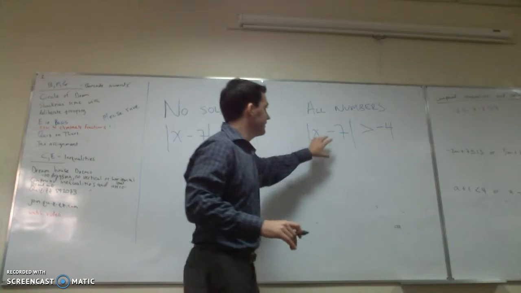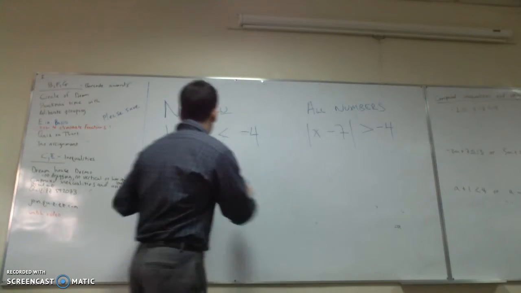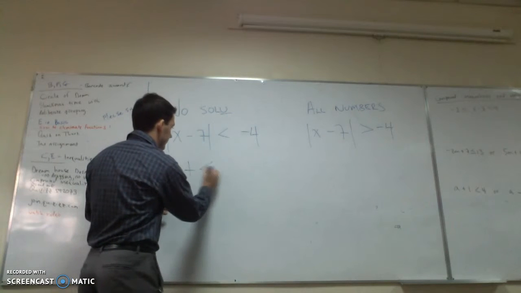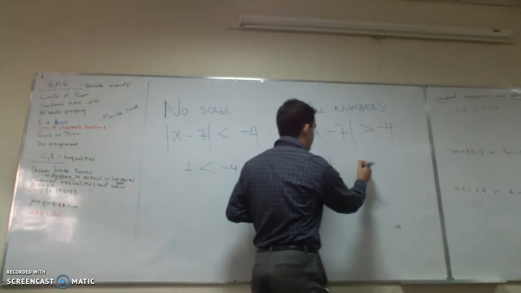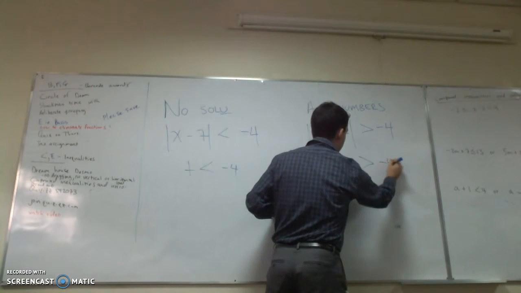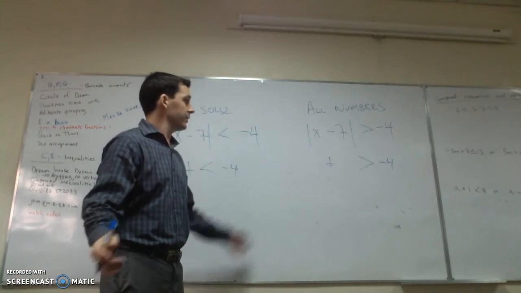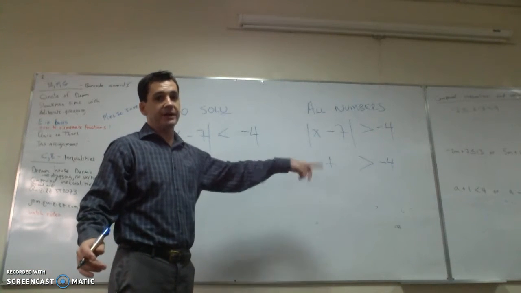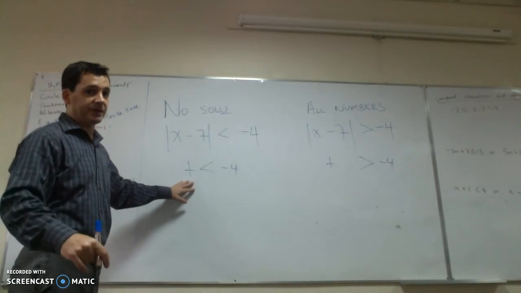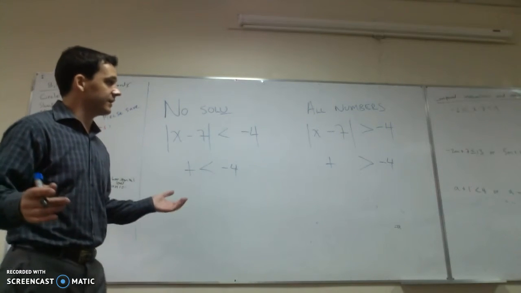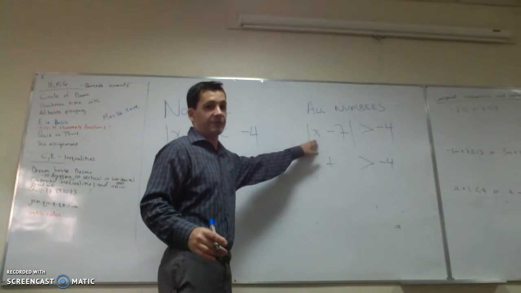Now if I take this out of the absolute value sign, I'm going to get a positive number that's greater than negative 4. Can this happen? Yes, always. A positive number is always bigger than a negative number. Here, a positive number is never less than a negative number. That's never the case.